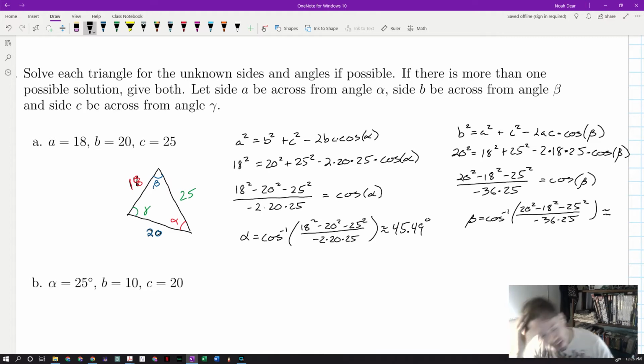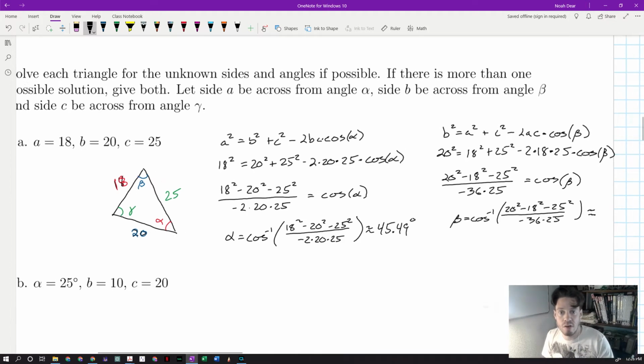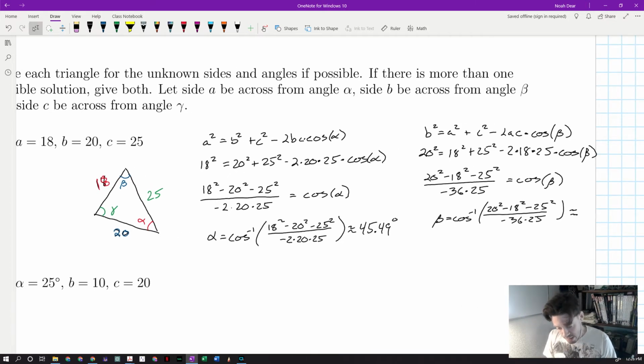And working that out in the calculator, I get cosine inverse of 20... 52.41 degrees.